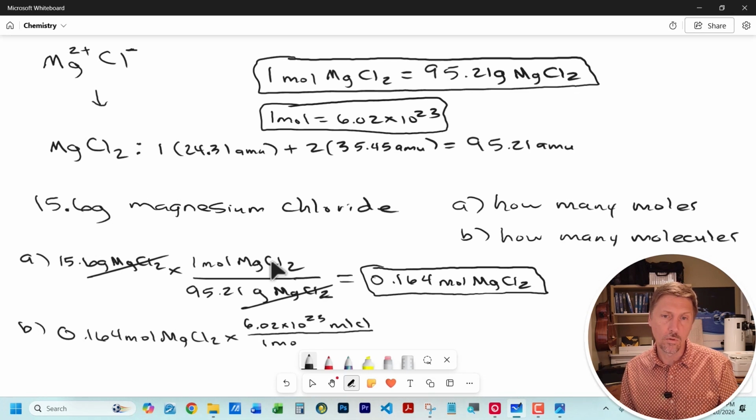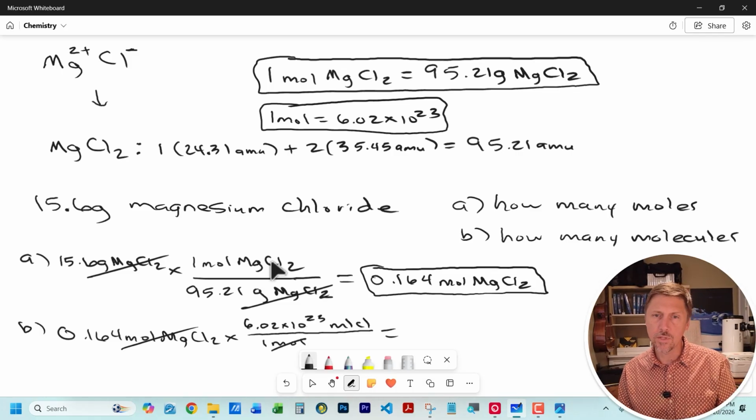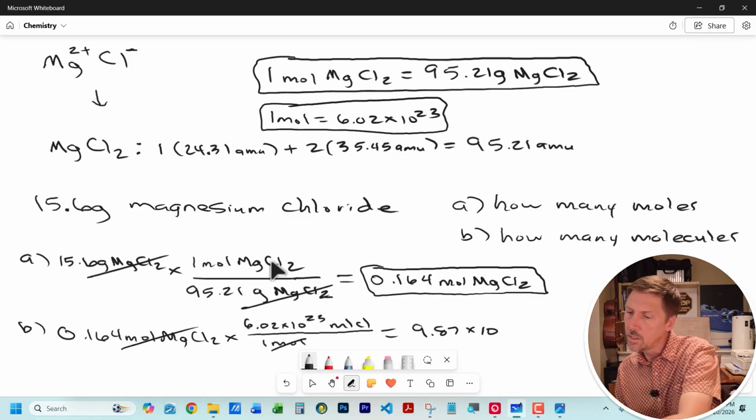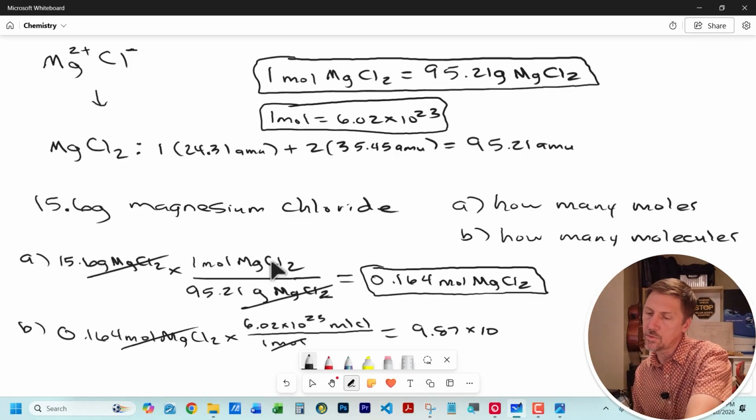That's what 1 mole is equal to. So here, our mole units are canceling out. And when we do that multiplication, we get a value of, let's see, they've already done it in the book for me, 9.87 times 10 to the 22nd power.